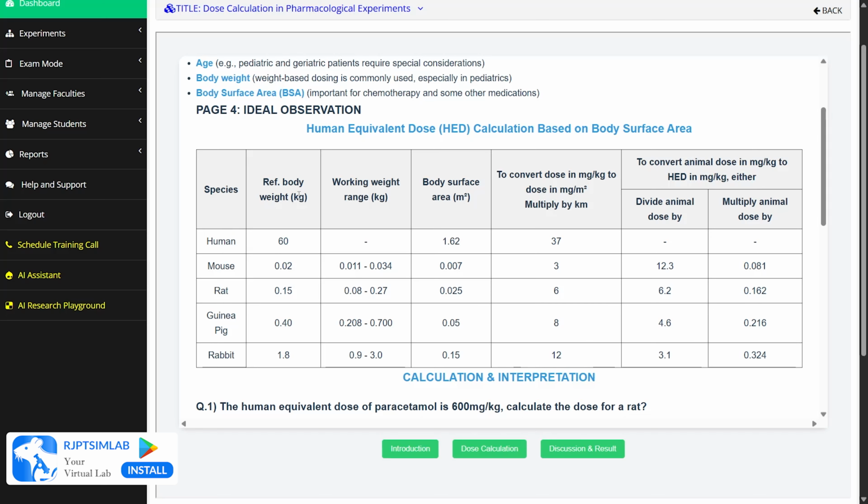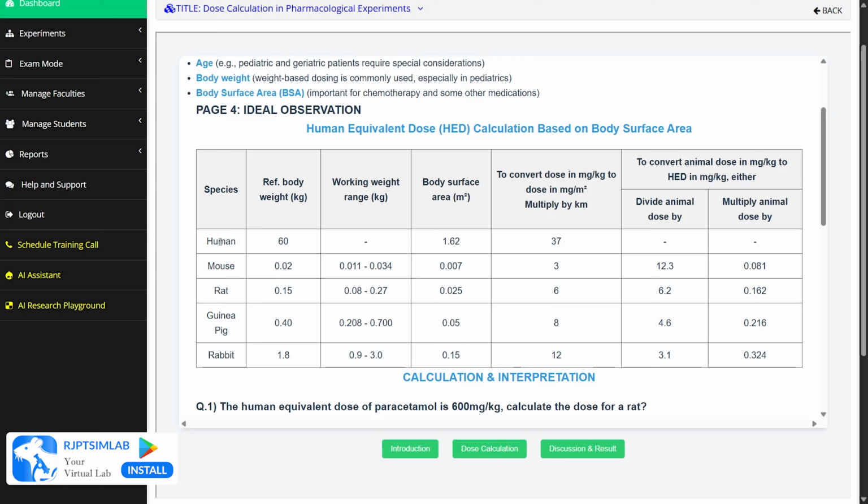Then its reference body weight, which means the average body weight, the working weight range, and body surface area. To convert dose in milligram per kilogram to dose in milligram per meter square, we will multiply. And to convert animal dose in milligram per kilogram to human equivalent dose in milligram per kilogram, we use the other factor.